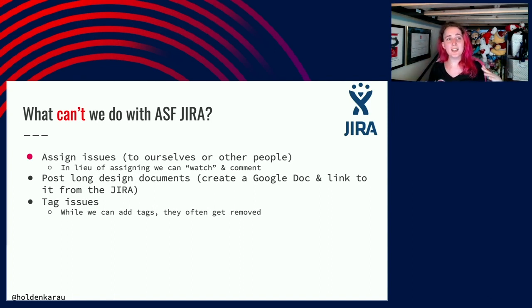Posting long design documents, JIRA isn't great for that. Certainly people do. I'd encourage you to do a Google Doc or something where people can comment more interactively. And there are tags, and in theory you can tag them, but in practice they often get removed. So I wouldn't bother putting tags on issues.